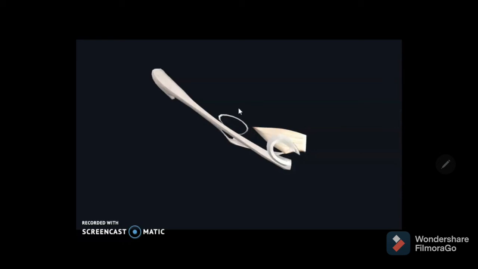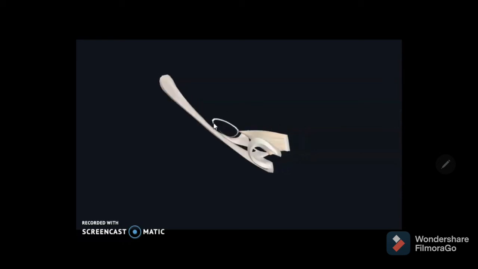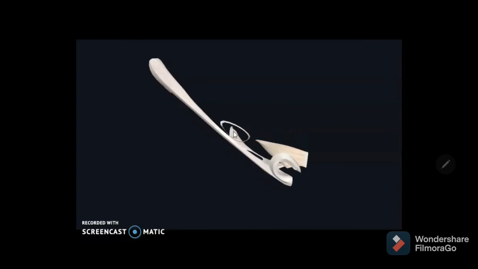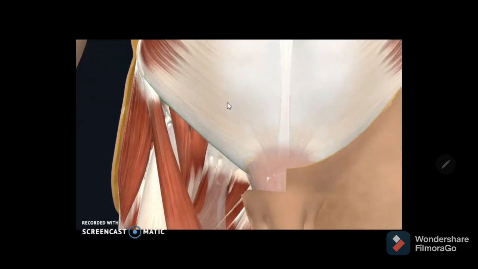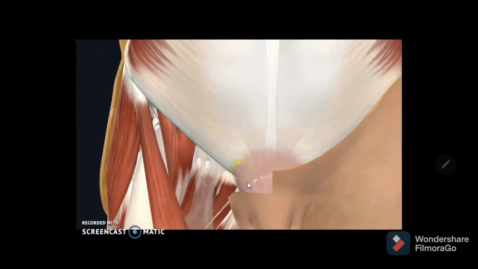Deep inguinal ring is a defect in the fascia transversalis. So this inguinal ligament is an important boundary of the inguinal canal, as the spermatic cord and its contents pass through the superficial inguinal ring.